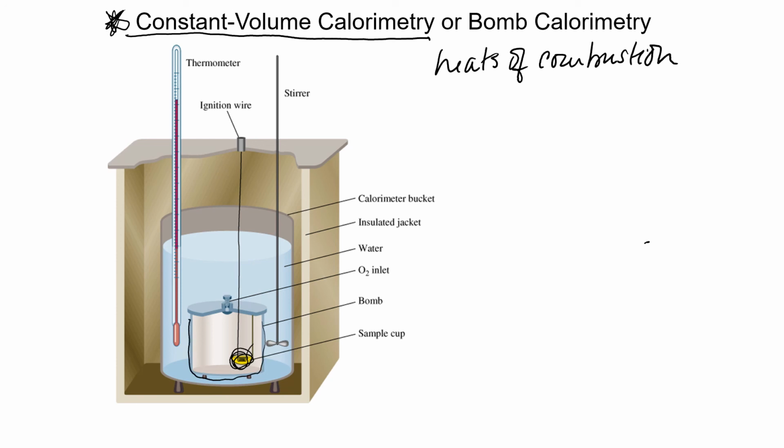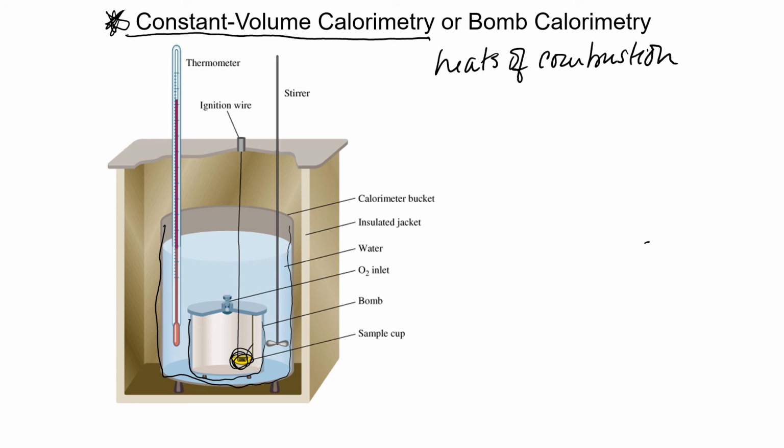So this is where the reaction takes place. And outside that bomb, it's not insulated, but it's constant volume. So this can burn and exert a pressure against the walls of that bomb. And it can transfer heat to the water in the calorimeter bucket, in which there's water that heat can be transferred to.